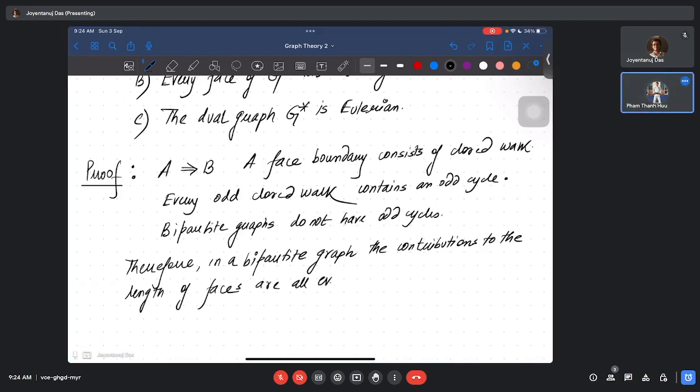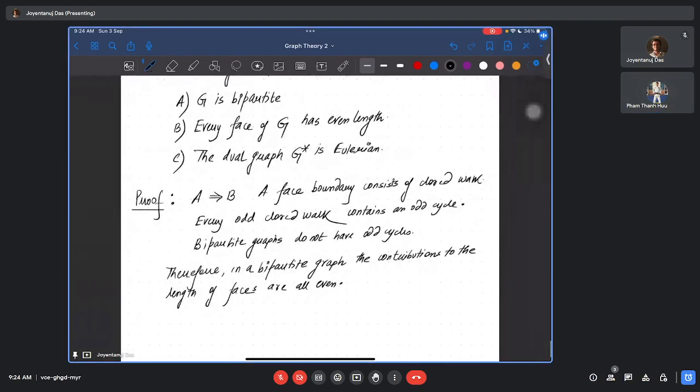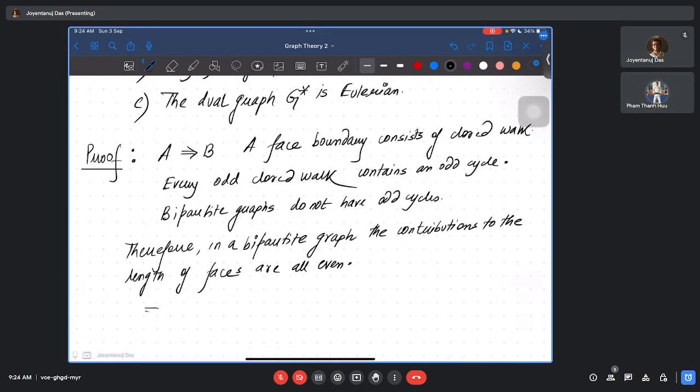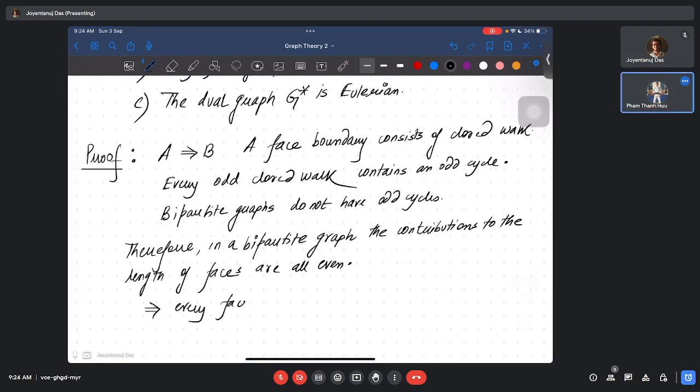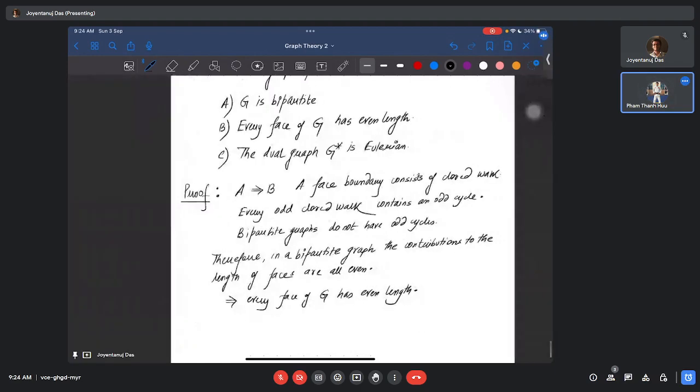So this implies that every face of G will have even length, right? So this proves A implies B.